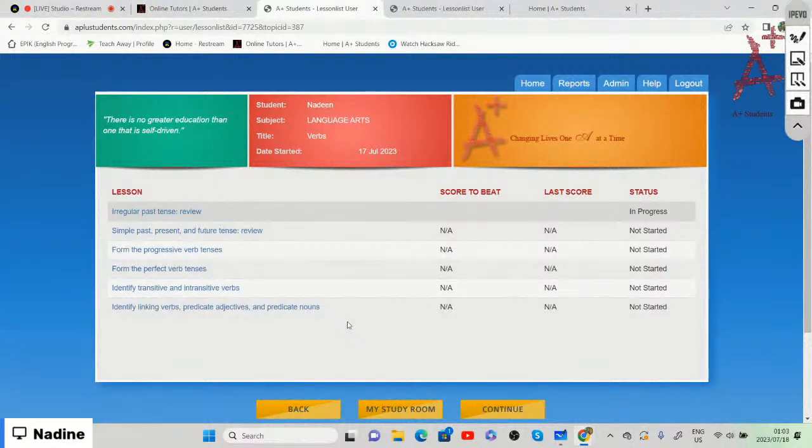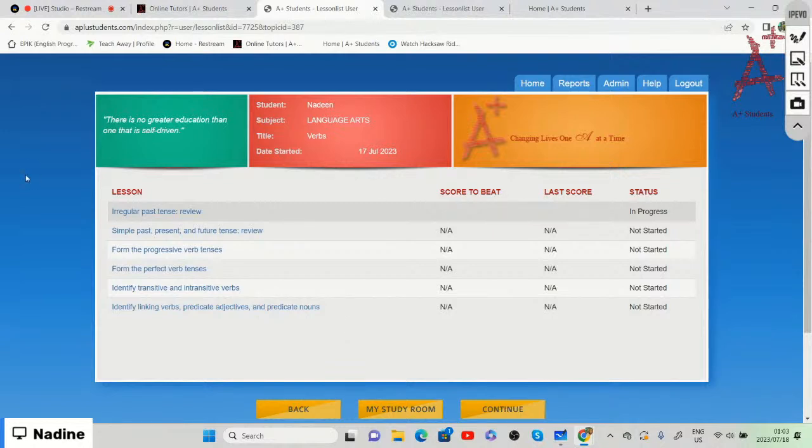Then we go on to simple past, present, as well as future tense, form the progressive verb tenses, form the perfect verb tenses, and if we have time, identify transitive and intransitive verbs.